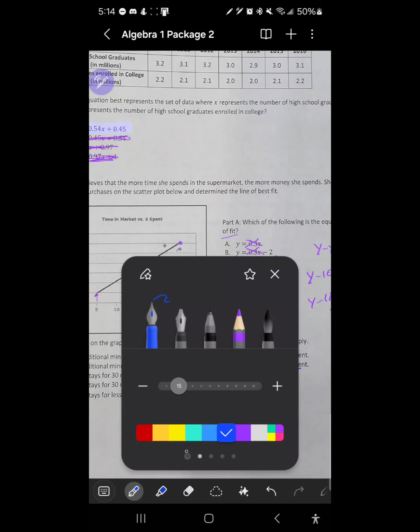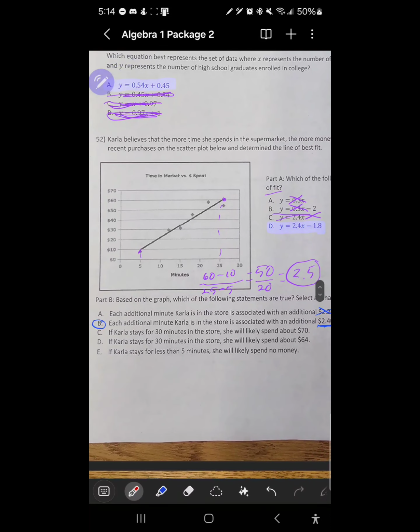Okay, first, to do this, we are just going to use the equation. We have y equal to 2.4x minus 1.8, and we're saying 30 minutes. So I'm going to substitute our value. Minutes are the x, so 2.4 times 30 minus 1.8.